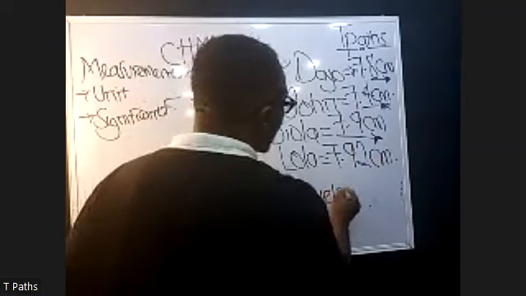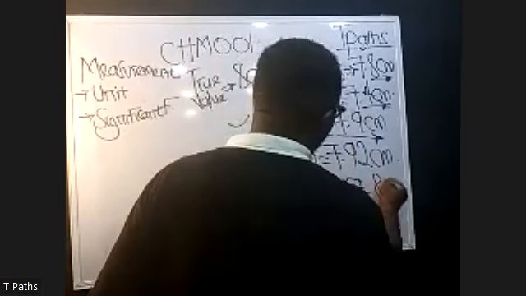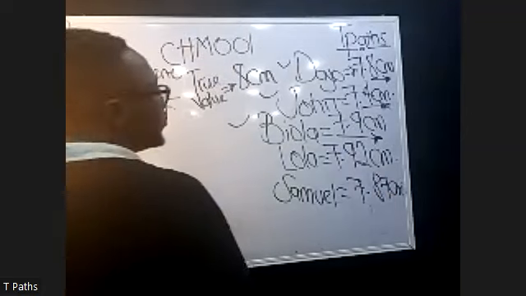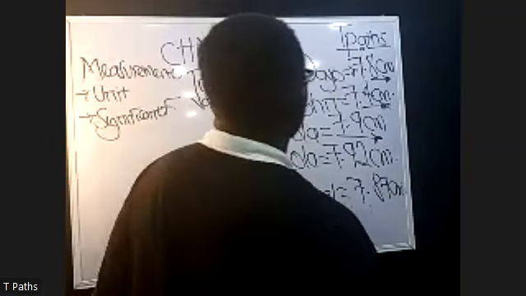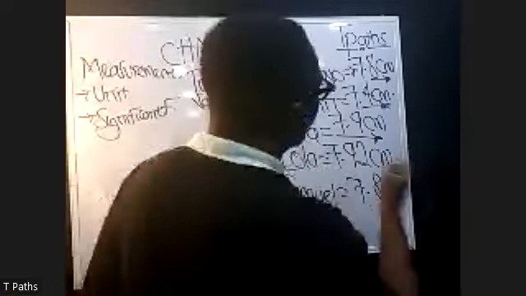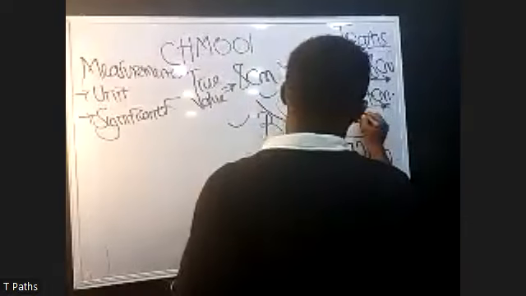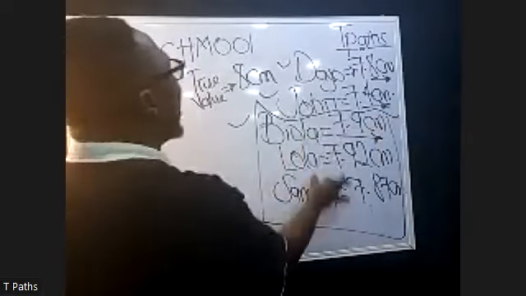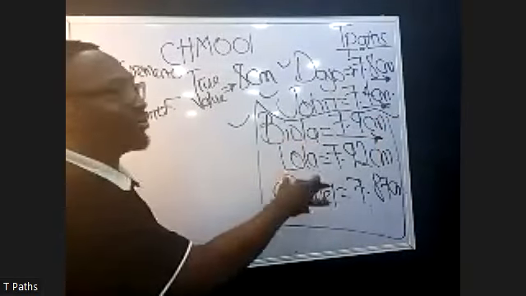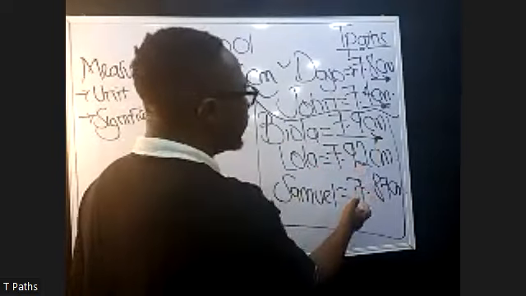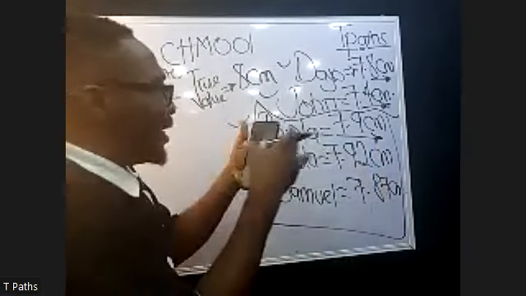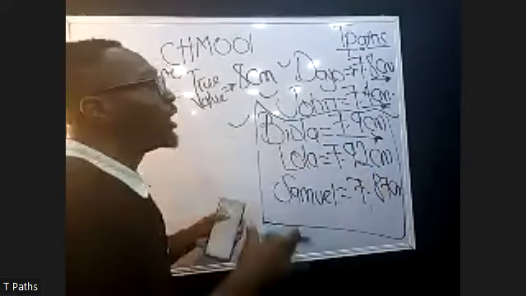Samuel is saying 7.87 centimeter. Now, let me just disregard Dio and John. I don't know what they are doing, they are playing on their own. I want to take these values now. You can observe that these values are closer to each other: 7.9, 7.92, 7.87. So the fact that there is agreement between these values is what they call precision.